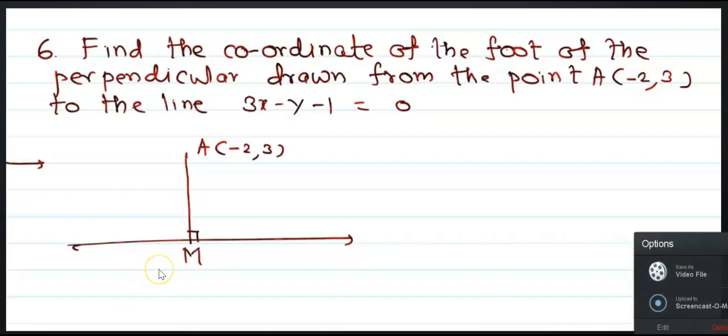Now to find the coordinates of M, we will find the equation of AM and solve these two equations simultaneously, the line 3x minus y minus 1 equal to 0 and the equation of AM. Then we will get the coordinates of M. Now let us start.